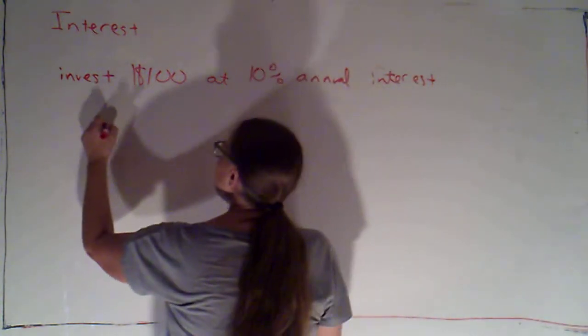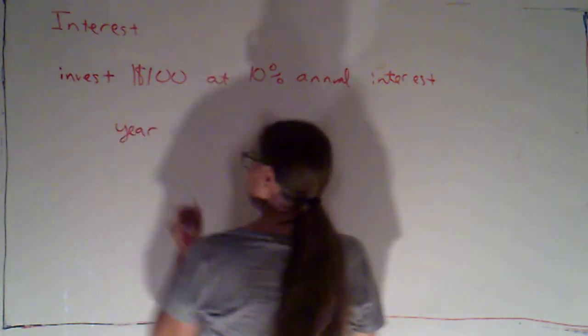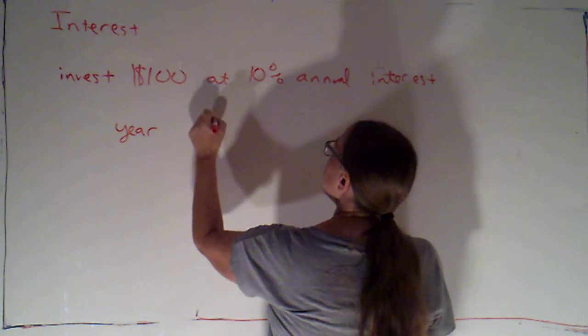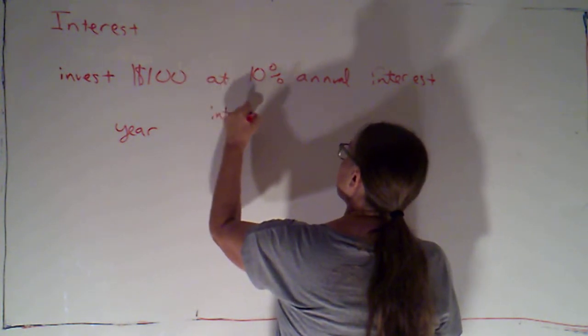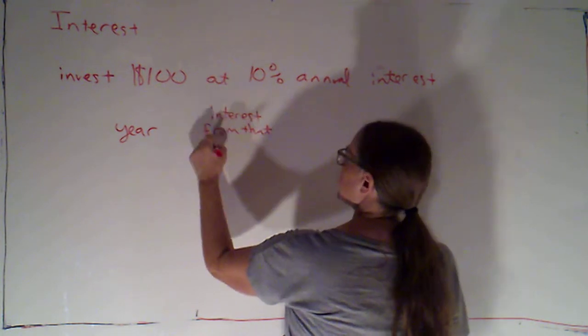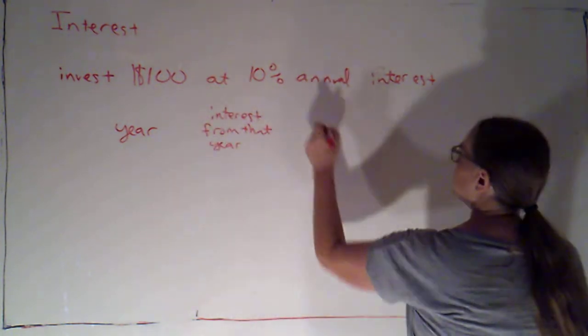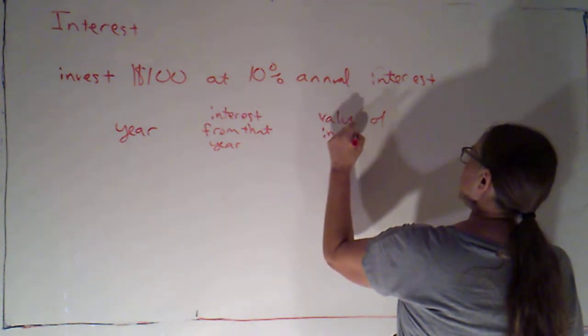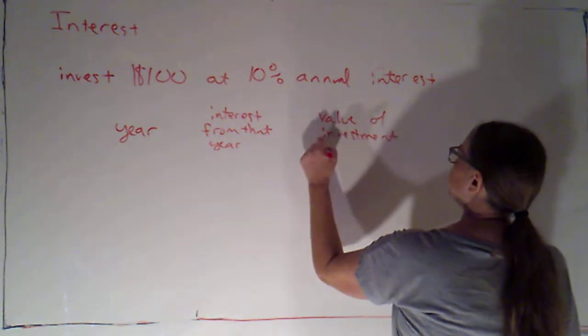Okay, so I'm going to just create a table with the year, okay, the interest from that year, so not the total interest, but just the interest earned in that particular year, and the value of the investment at the end of the year.